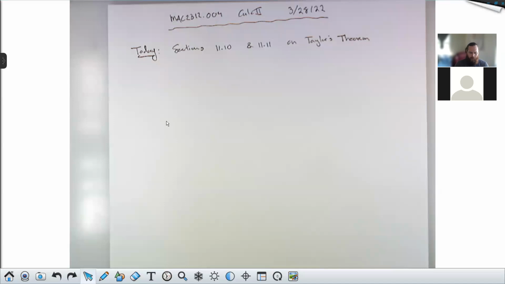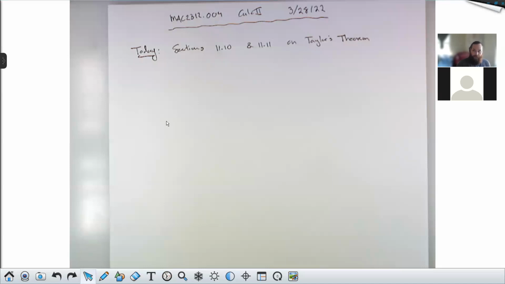As promised, there's only one estimation theorem that I require you to learn in this section of the course, and that is the estimation theorem for alternating series, because it is actually the case that the Taylor inequality is very, very similar, almost identical in every case where we would use it in this class to the estimation theorem for alternating series.